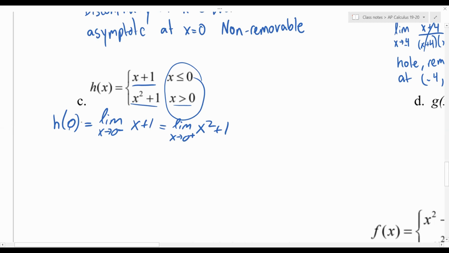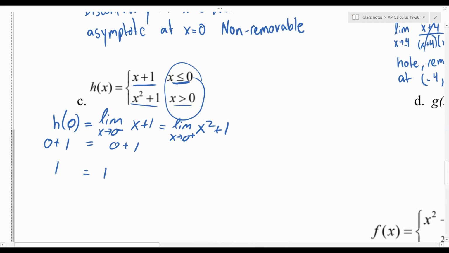h of 0. So here we have less than or equal to 0, so we're going to use our first one. So 0 plus 1, which is just 1. Is that equal to our limit from the left? Well, again, here we're just going to do 0 plus 1. So far, we're looking good.